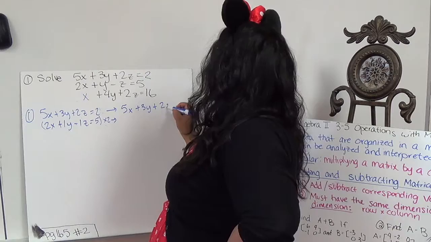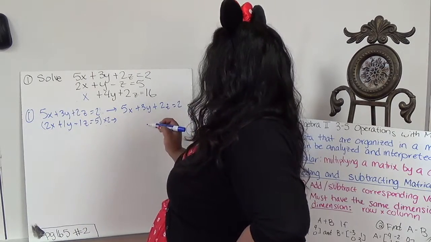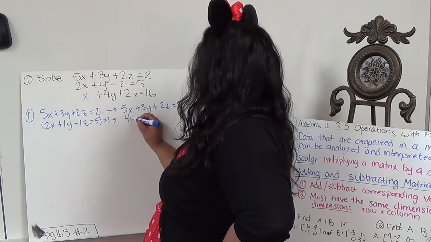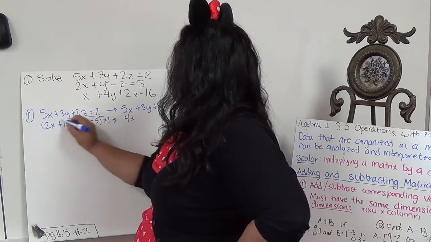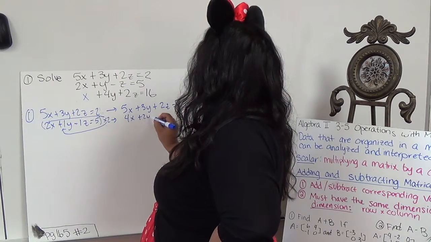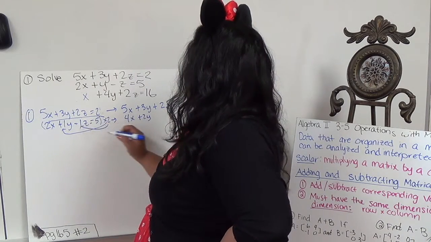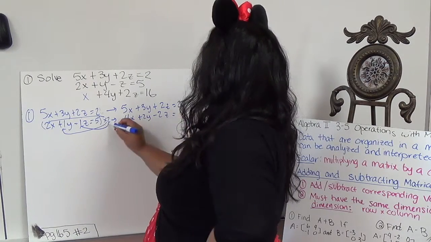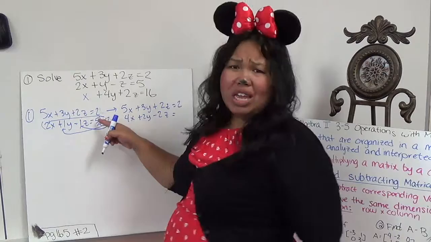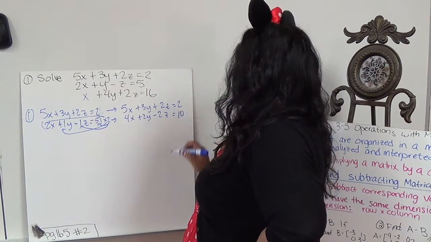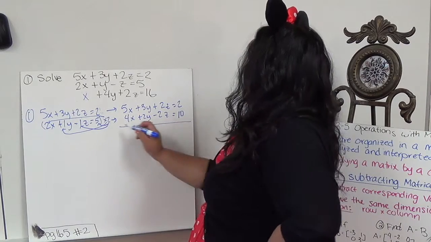Less work. And then I do 2 times this, which is 4x, 2 times positive 1, which is plus 2y, and then 2 times negative 1, which is negative 2z, equals 2 times 5. Don't forget that. A lot of people forget the number on the other side of the equal sign. You have to multiply that too: 10. And then I'm going to add.